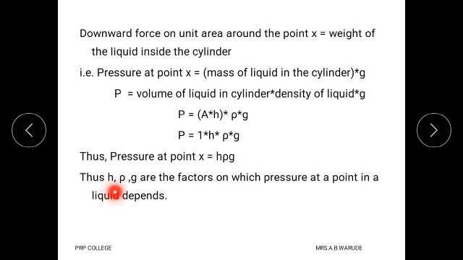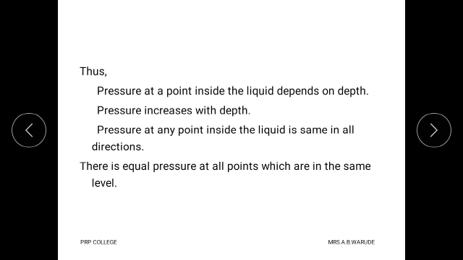Thus H, rho, G are the factors on which pressure at a point in a liquid depends. From this formula we write that pressure at a point inside the liquid depends on depth, and as depth increases, that means as height increases, pressure also increases.